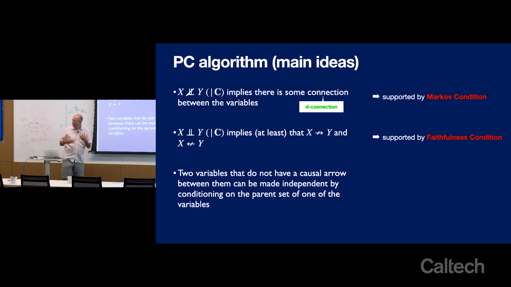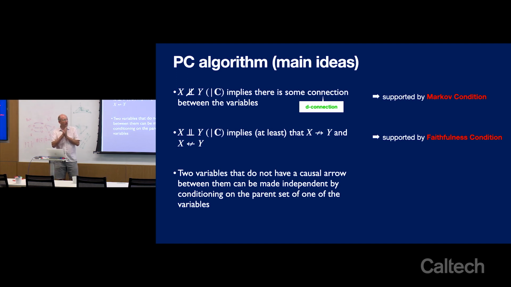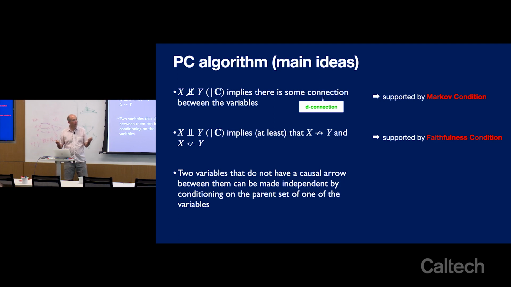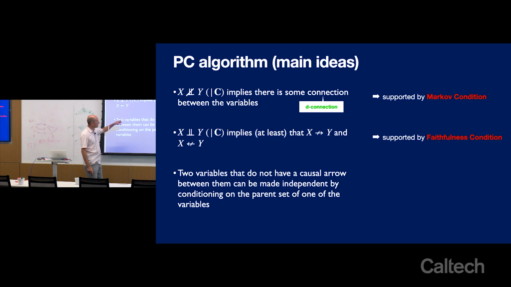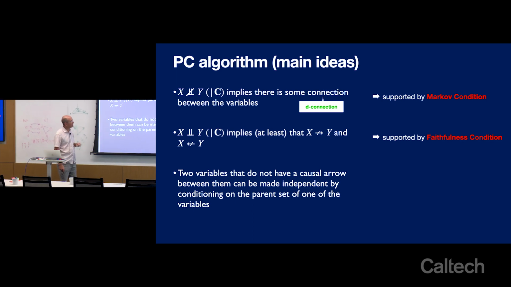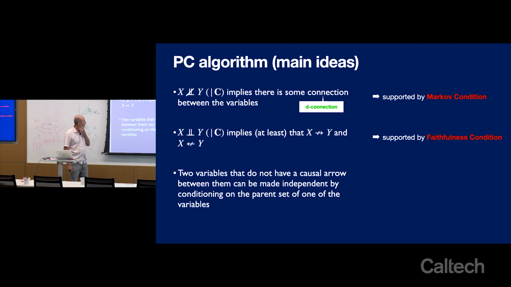And so now you can ask yourself as well, can I have a causal connection between two variables and the two variables still being independent of one another? Now note, we often say correlation does not imply causation, but does absence of correlation imply absence of causation, right? That's what faithfulness is kind of suggesting, and we'll go into a little bit more detail there. But these two conditions are central to the PC algorithm, and we'll see why in just a moment.